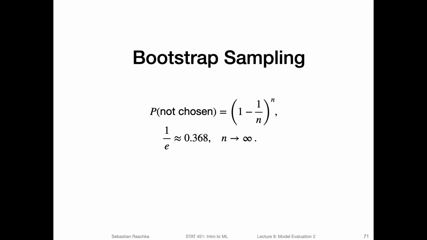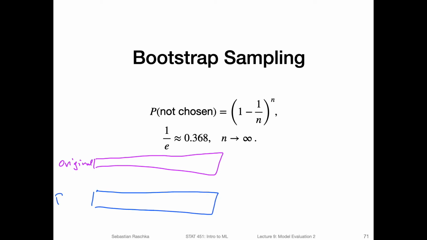Why are only 63% of the training examples unique in each Bootstrap round? We discussed that back then in the ensemble method lecture, but let's just recap that. So we have the original dataset, let's call that original. And then we have our Bootstrap sample here.